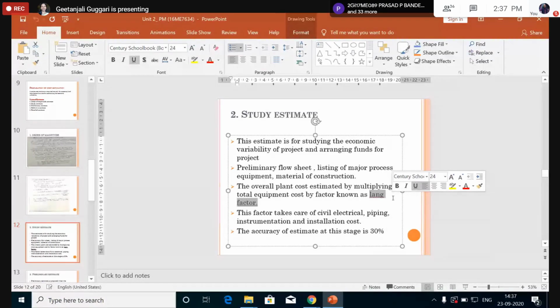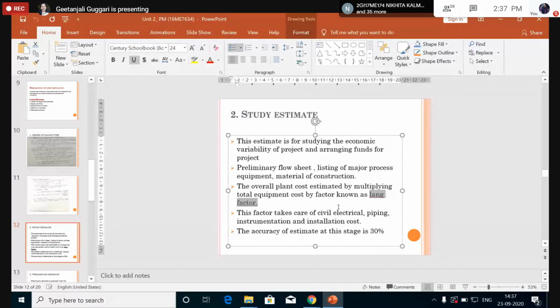This factor takes care of the civil, electrical, piping, instrumentation and installation costs. The Lang factor depends on the type of plant and the complexity of the process scheme required. This method of estimate gives an accuracy of about plus or minus 30%.